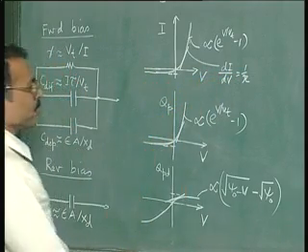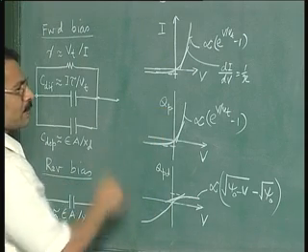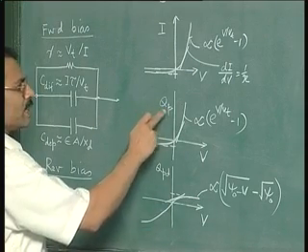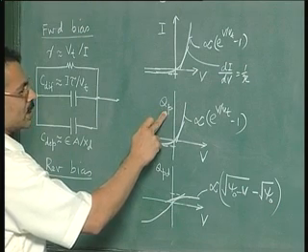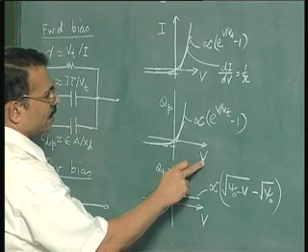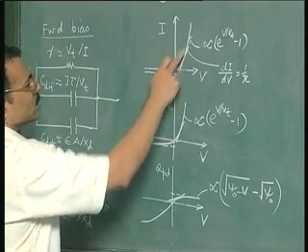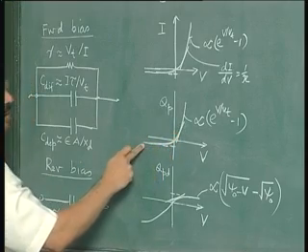Now consider the stored charge in the neutral regions. Taking only the stored charge in the lightly doped region for a p plus n junction, this Qp varies with V in the same way as the current. So this is also an exponential behavior.